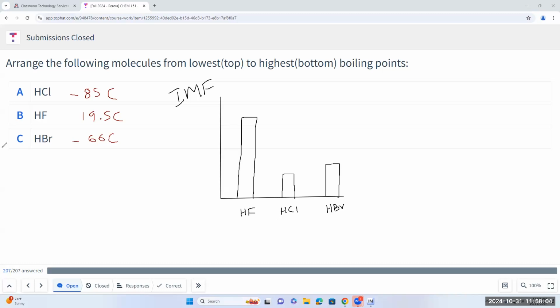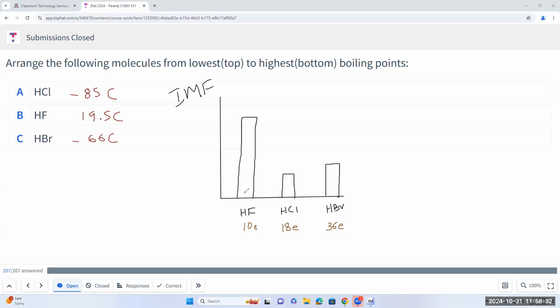Now let's think about why this is the case. So HF, let's count the electrons, has 10 electrons. Fluorine is 9, hydrogen is 1, 10. HCl has 18. Chlorine is 17, plus 1 from hydrogen is 18. And HBr is 36. Bromine is 35, hydrogen is 1. Therefore, altogether we have 36 electrons here.